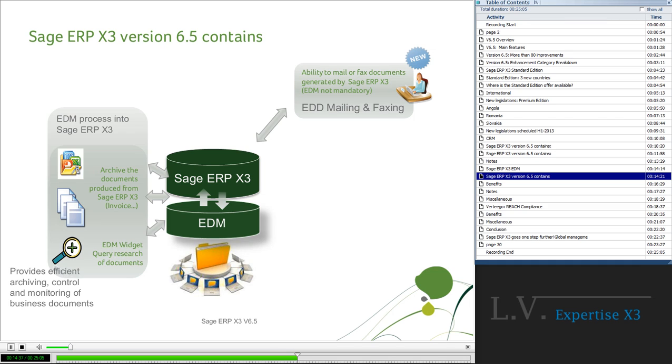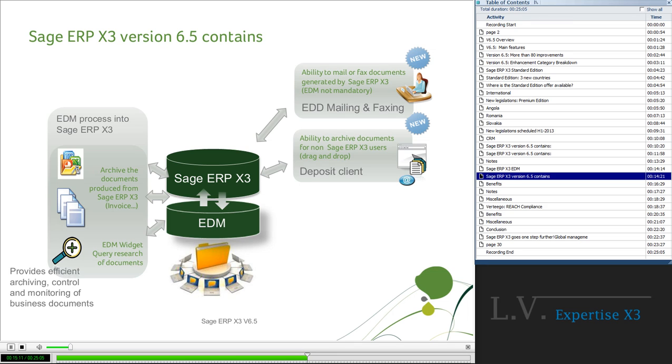As you may be aware, the document management is provided by version 1, but for 6.5 this is a packaged integration, and it's tailored specifically for X3. So the new features, we now have Electronic Document Delivery, EDD, which enables mailing and faxing, and that handles emails and fax documents generated by Sage ERP X3.